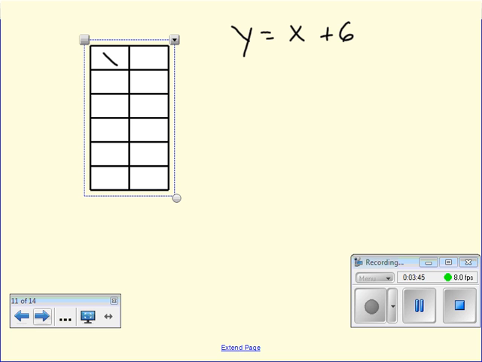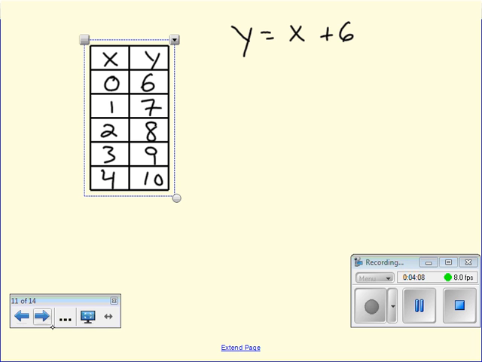Here I have x and I have y, but when x is 0, y is equal to 6. When x is equal to 1, y is equal to 7. When x is equal to 2, y is equal to 8, 3, 9, 4, 10.